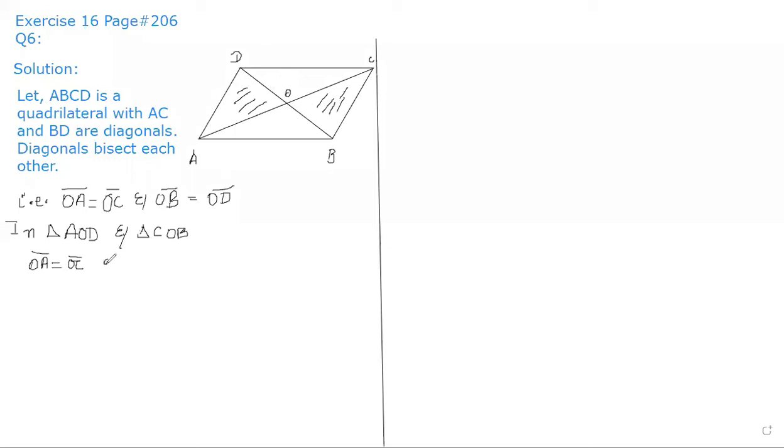So when I talk about OA, this one and this one are equal, this one and this one are equal. Now we will look at the angles. The sides are equal, we have checked. Now we will check out the angles.